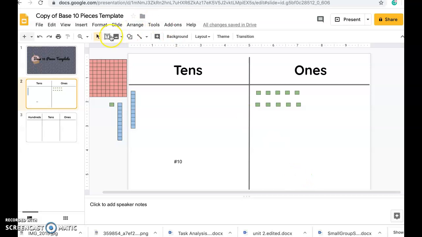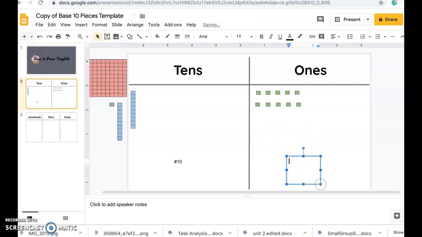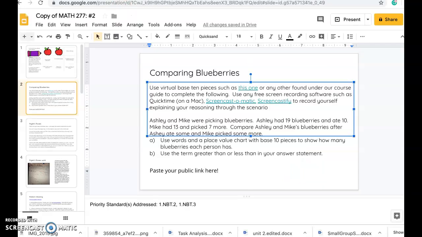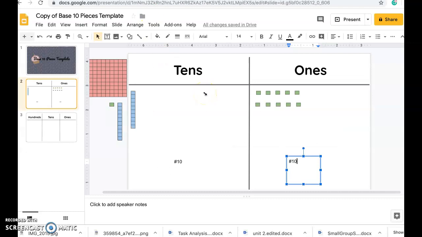So we can change that to 10. Now, think about it. If there's 10 units, isn't there a 10 frame or a base 10 piece that we can use to make 10 units into? So, as you can see, this is a long.